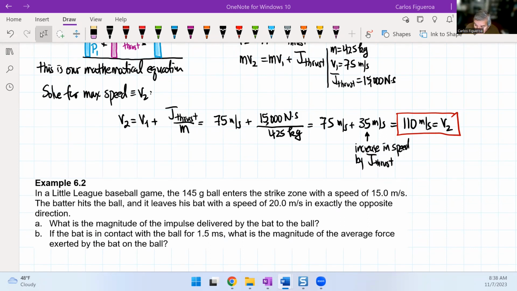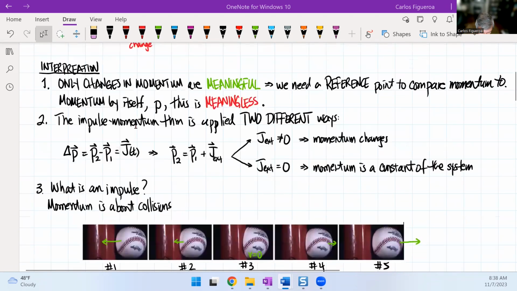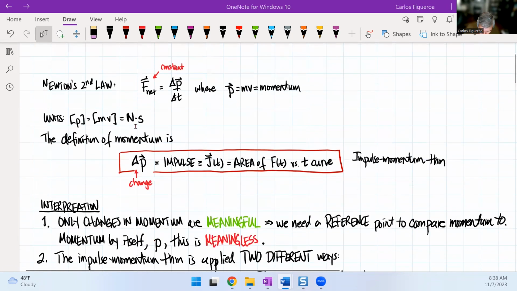Okay, so answering Ian's question here, that is the definition of momentum. If I come back up to the very top, we defined P as momentum, which is mass times velocity. So when I look at the impulse momentum, it is telling me that.